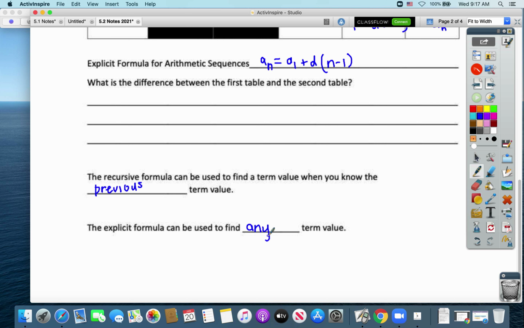So if I wanted to find the 6th term and I already had the first 5, we could easily use the recursive formula to find that. But if I wanted to find the 100th term and we were only given the first 5, you would probably want to use the explicit formula because you can go straight there. If you use the recursive formula, you would have to list out every single term till you got to the 100th term.